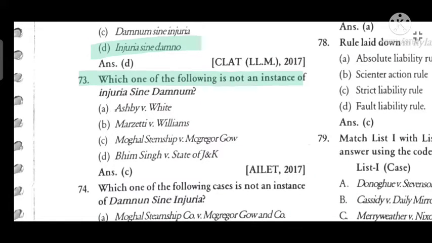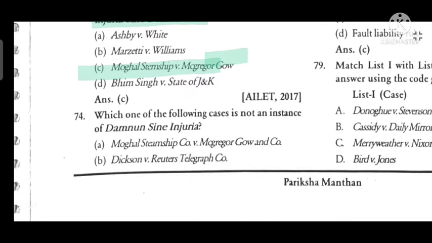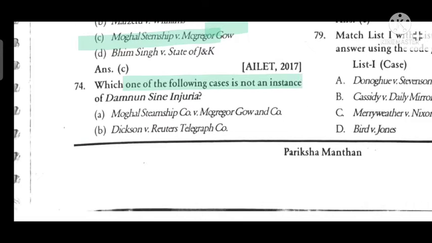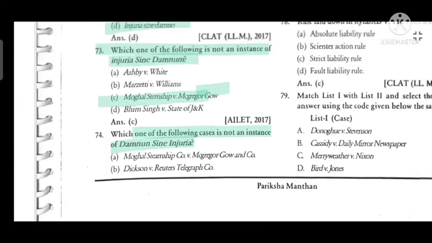Which one of the following is not an instance of injuria sine damno? Mogul Steamship versus McGregor Gow.